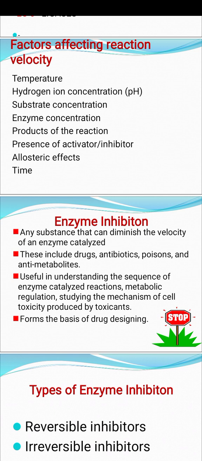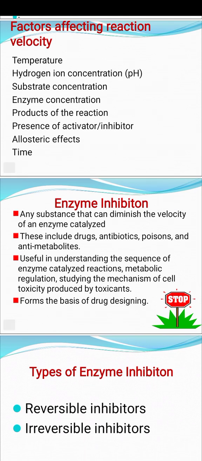What are inhibitors? They diminish the velocity of enzyme catalysis, right? An enzyme inhibitor decreases the activity of an enzyme without significantly disrupting its three-dimensional macromolecular structure.